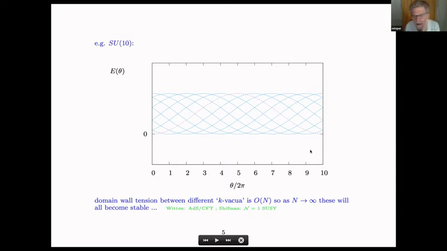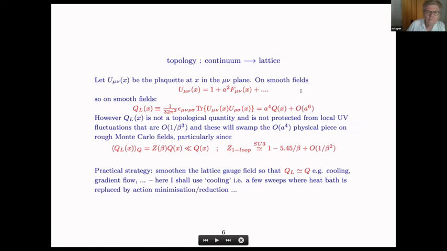Anyway, to move on, let's move on to the lattice now. So, as you know, you can do a very easy, naive discretization of the topological charge.